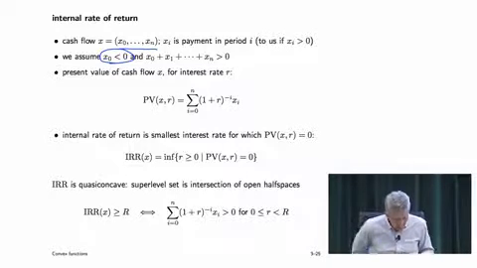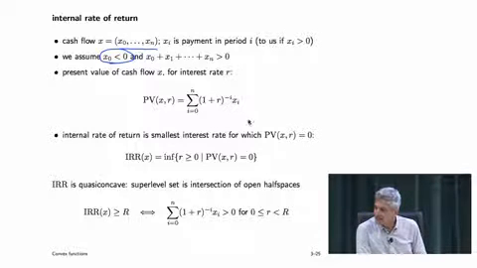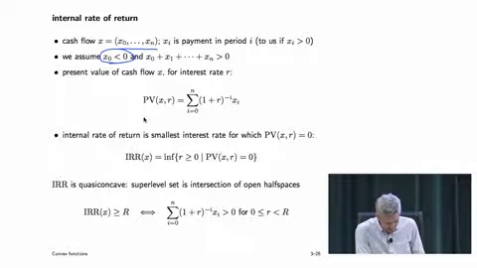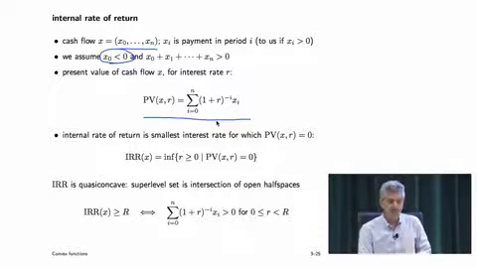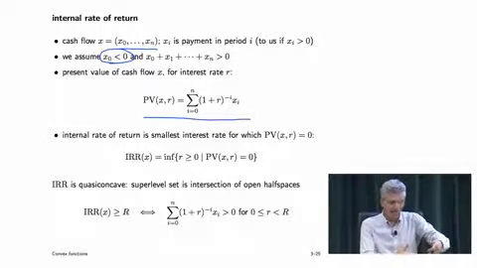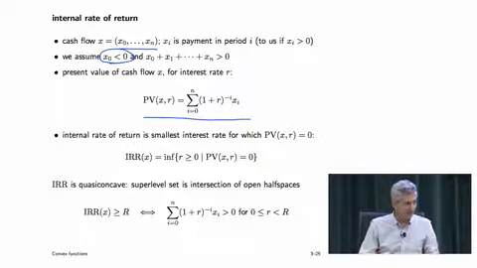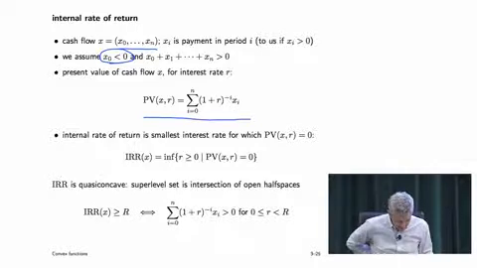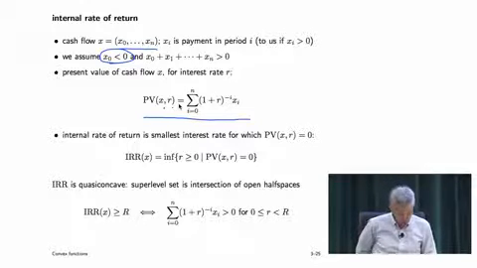Okay. Well, if you have an interest rate R and you discount these cash flows, then this would be the present value, right? It's just the sum of (1 plus R) to the minus i times xi, right? Because the i is indexing periods in the future, and you discount each one by the interest rate. Okay, so that's the so-called present value, and it's a function of the cash flow vector and the interest rate.